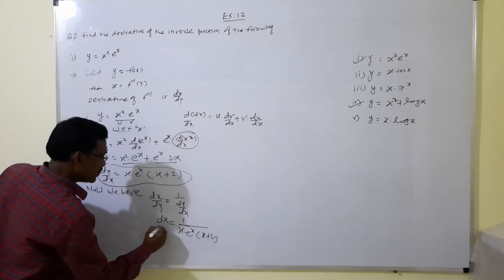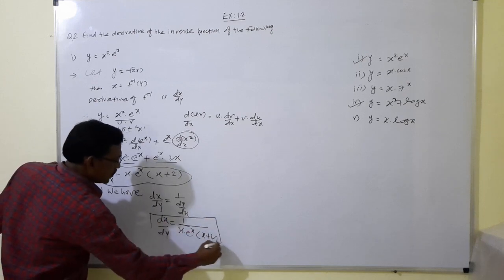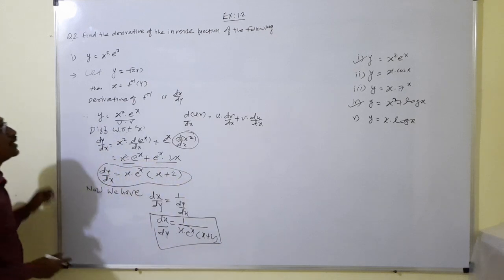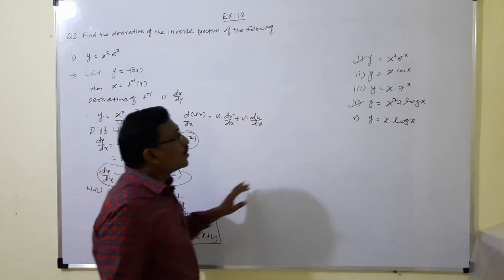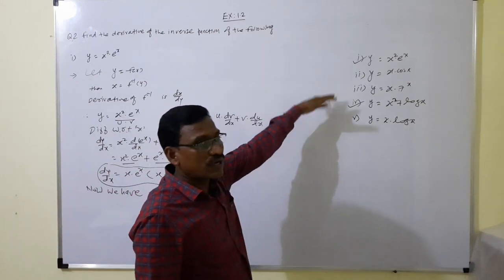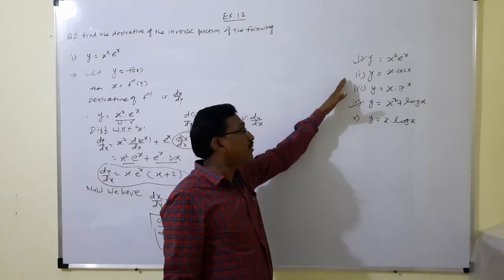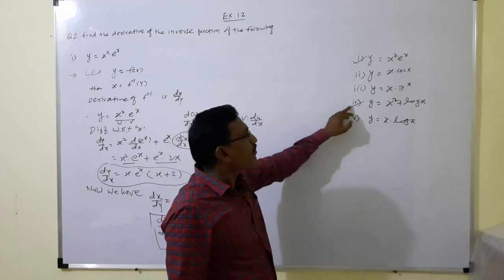This is the derivative of the inverse function x with respect to y. Now the second and third are similar to example number first. That's why we take example number fourth here.